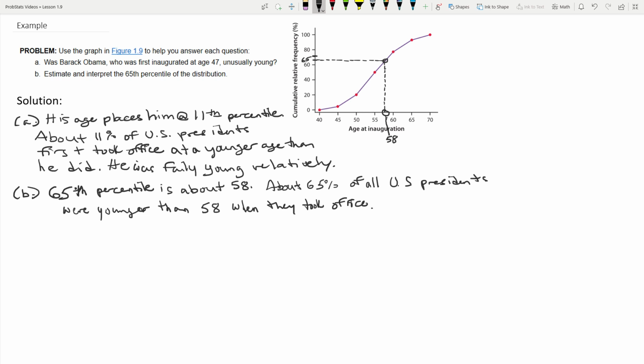So drawing this cumulative relative frequency graph actually helps you out tremendously when we're talking about percentiles. You can get information about relative positioning, relative location from any data point, really.